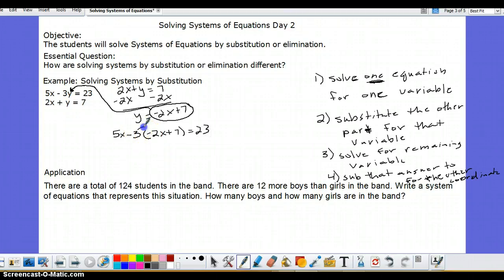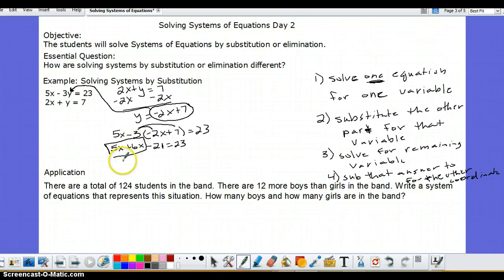Now I'm going to solve for x. So I distribute. So 5x, negative 3 times negative 2 is plus 6x. Negative 3 times 7 is negative 21, equals 23. We're going to combine right here.